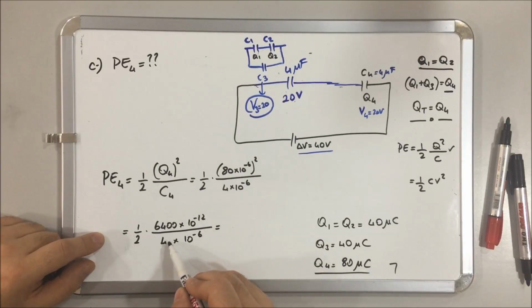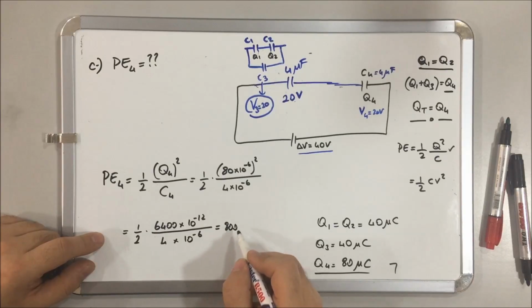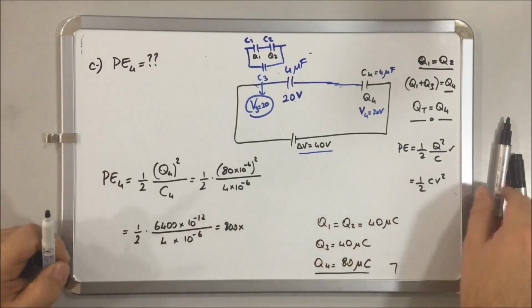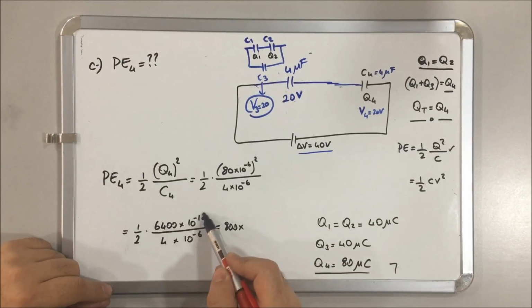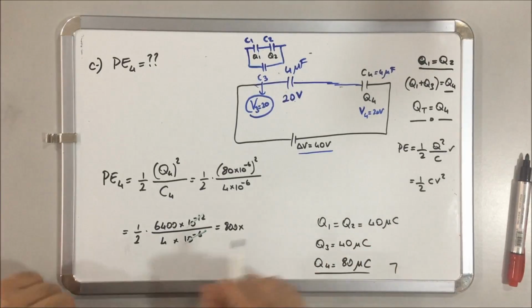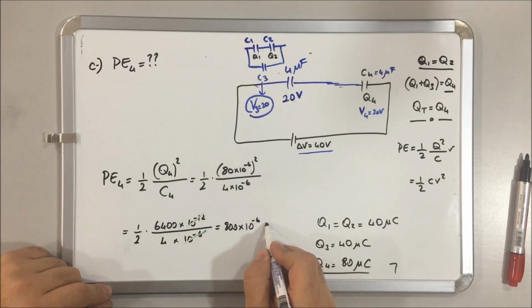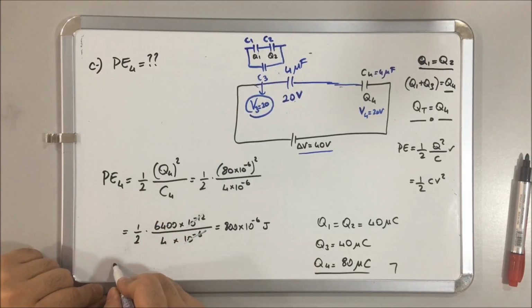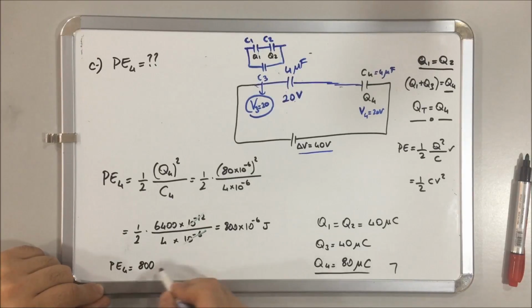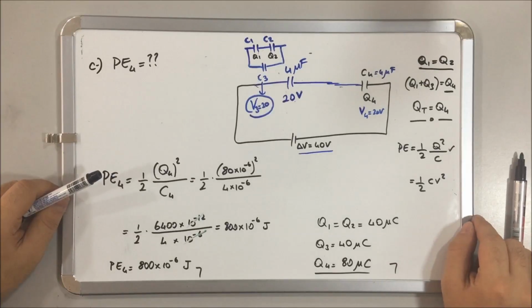And 2 times 4, 8, 64 over 8, 800 times 10 to the power of minus 12 over 10 to the power of minus 6, it will be 10 to the power of minus 6, and the unit will be joule because we calculate the stored energy. So PE4 is equals to 800 times 10 to the power of minus 6 joule. That's all for the solution of C. Thanks for listening.